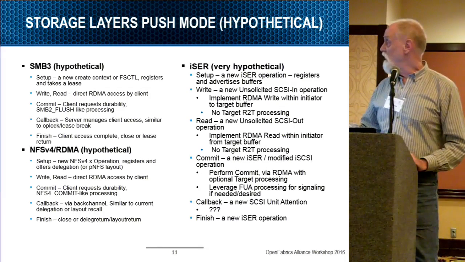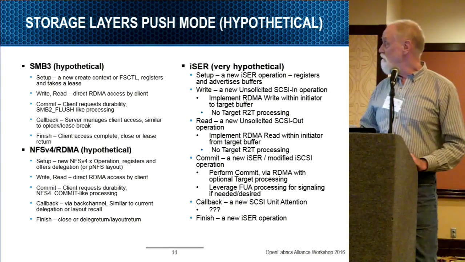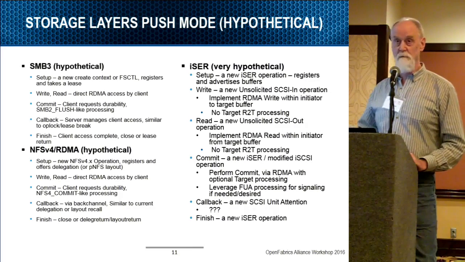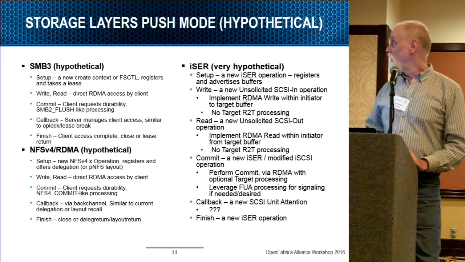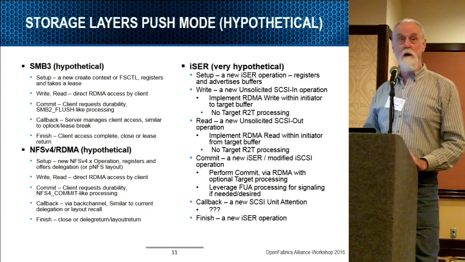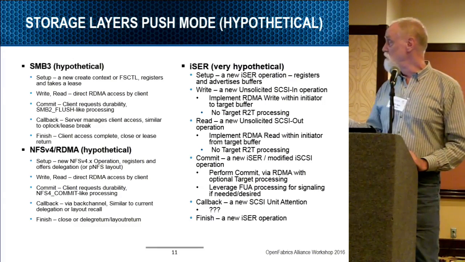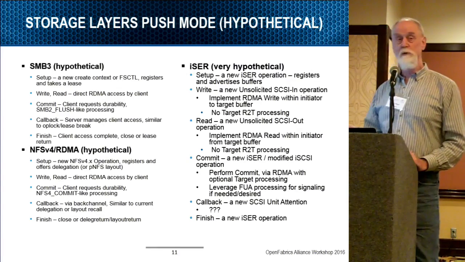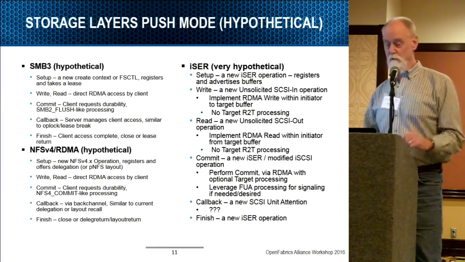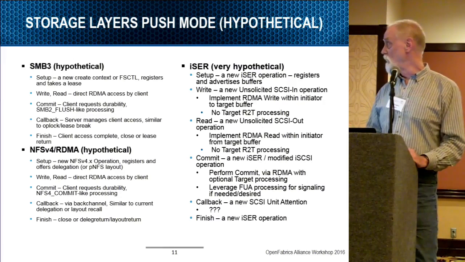The write and the read are direct RDMA accesses by the client. The commit is either a flush or some sort of, I'm just about to mention, RDMA level commit operation. The callback is an existing server callback. We have oplocks in the SMB3 protocol that do this, and lease recalls. And the finish is a close or a lease return, basically some sort of return to ownership by the server.